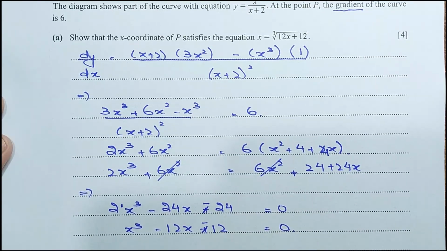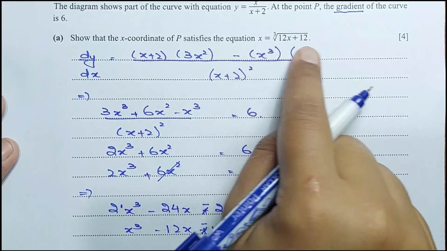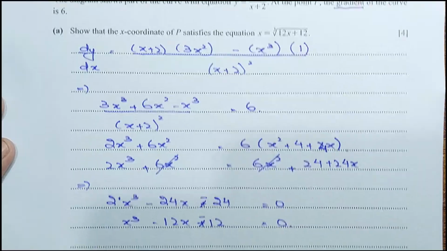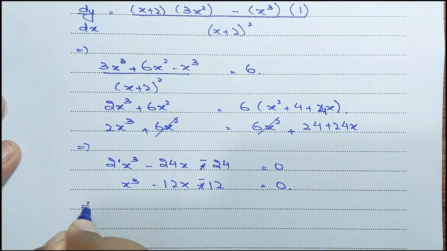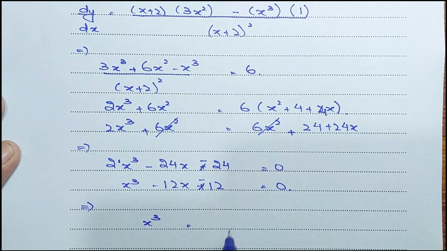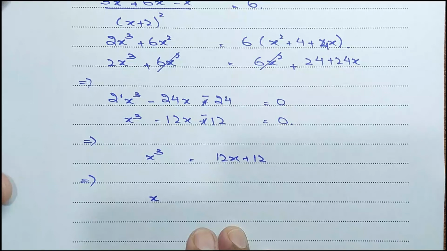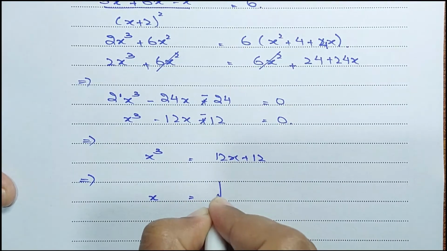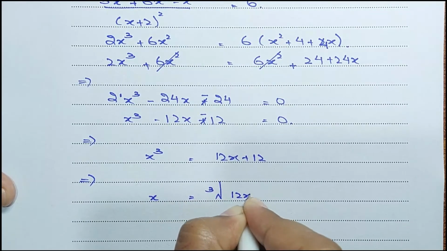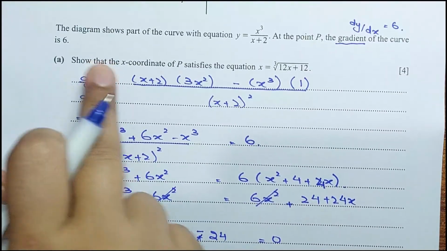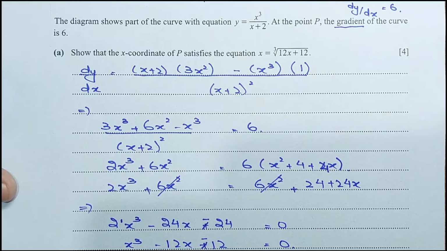So 12x and 12 shifting to the other side, x cube would be equal to 12x plus 12. And what is x? X should be equal to the cube root of 12x plus 12. Now it is proved that the x coordinate of P satisfies this equation.